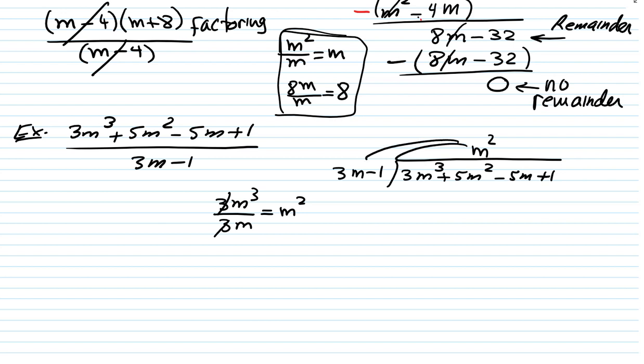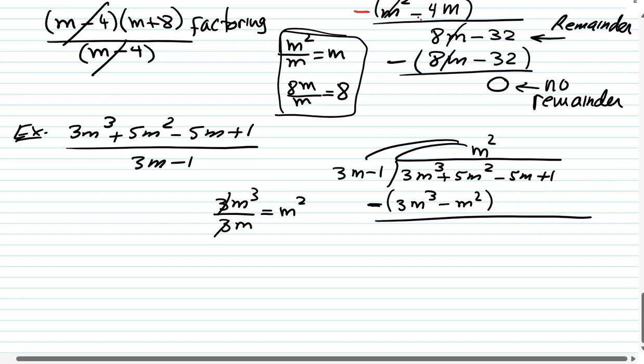We then multiply m squared by the divisor. So we get 3m cubed negative m squared. We then subtract this binomial that we just wrote from the entire dividend. Okay, that's why the other two terms, these two will carry over, because there's no like term to combine with them when we subtract.